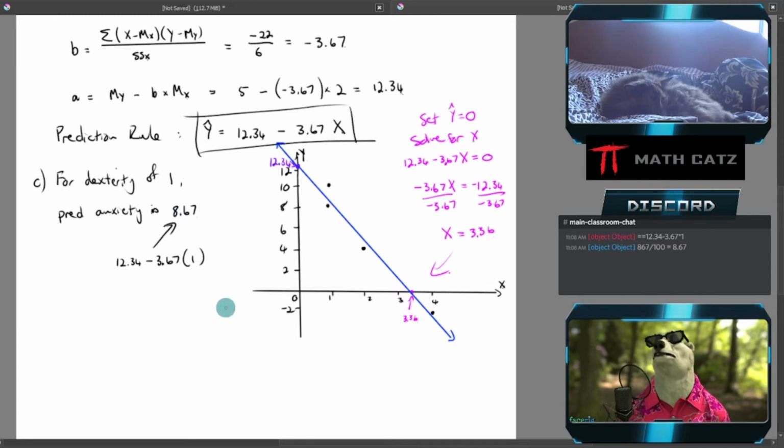Now maybe the score in anxiety can't have decimals like that, but it still gives us an indication. Between 8 and 9, we perhaps would have to say.